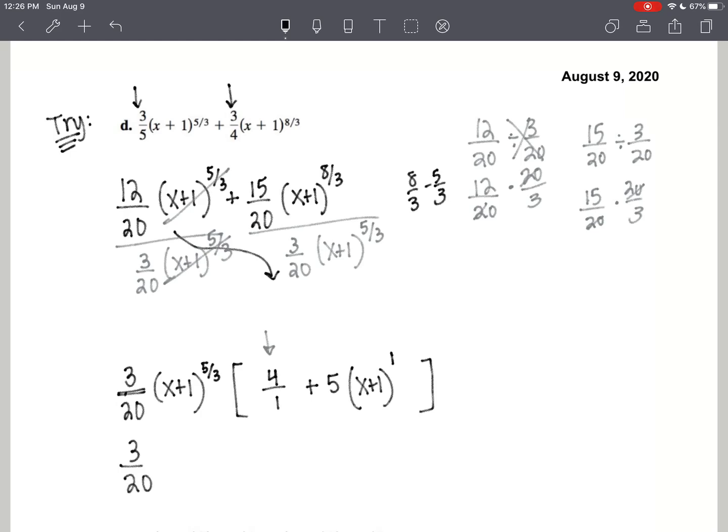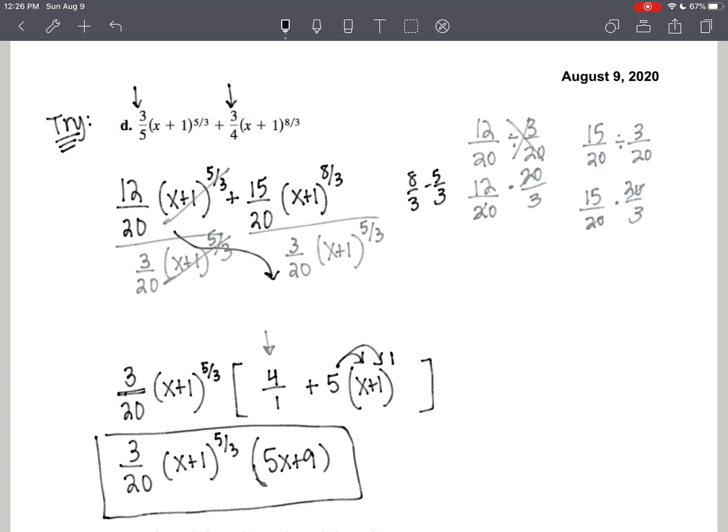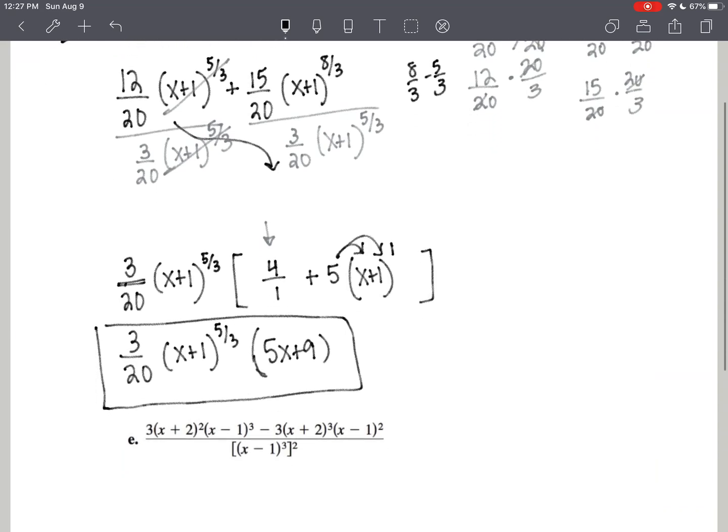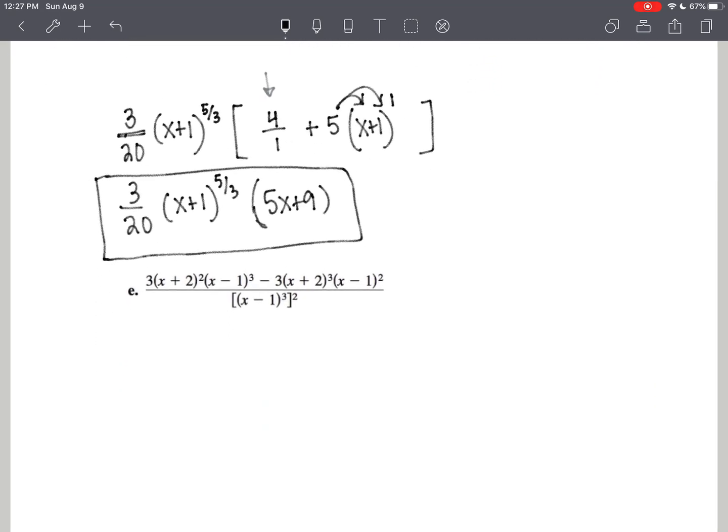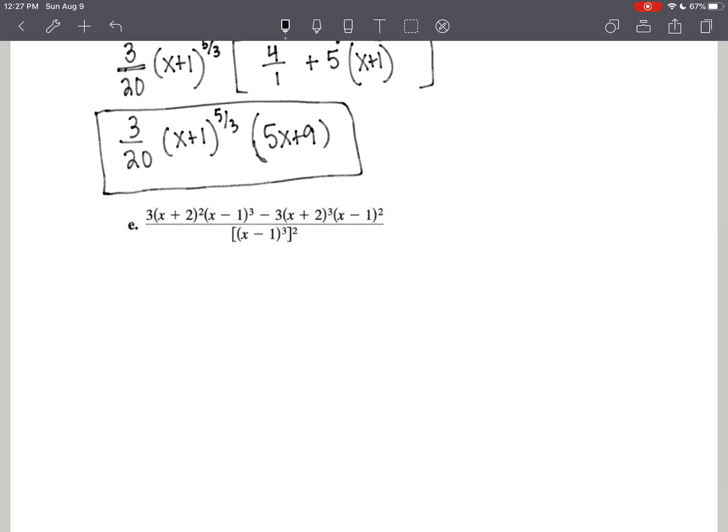So 3/20 times x plus 1 to the 5/3 power, and then in parentheses, we're going to have 4 plus 5x plus 5. 4 plus 5 is 9, so we've got 5x plus 9. And again, the better you are, the more practice you get, the better you're going to be. And the better that you are is going to make the calculus a bit easier.